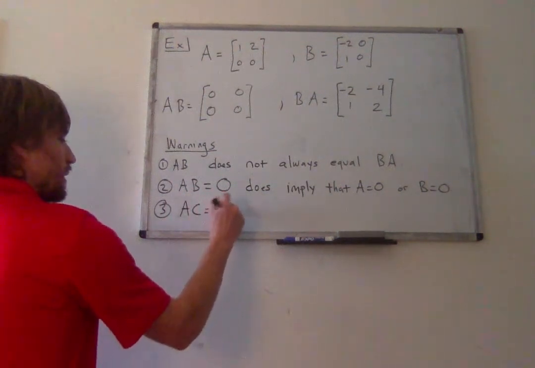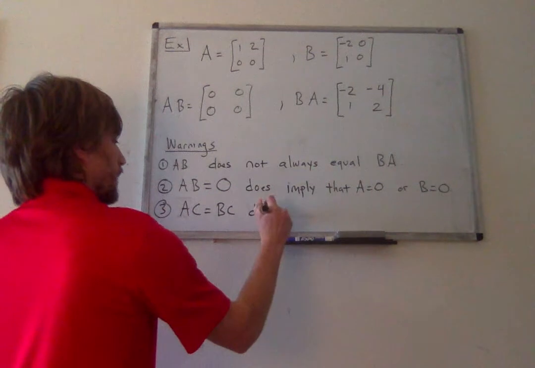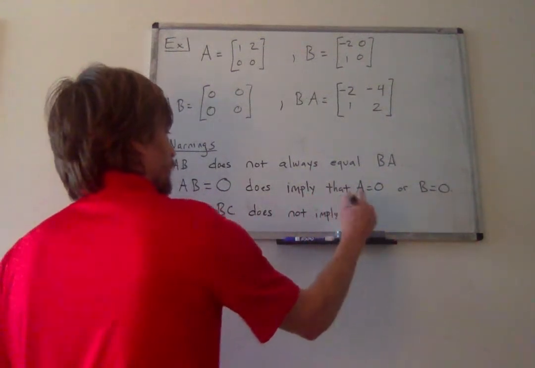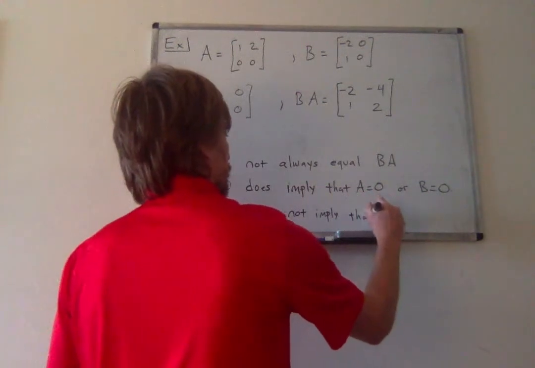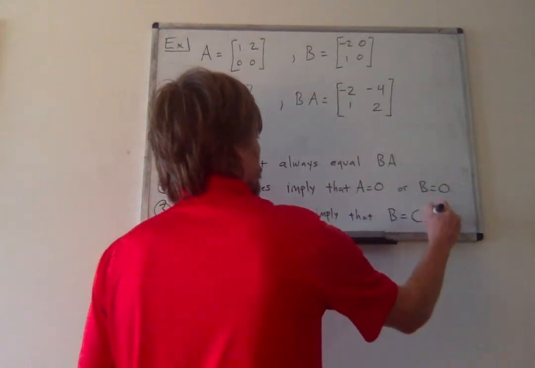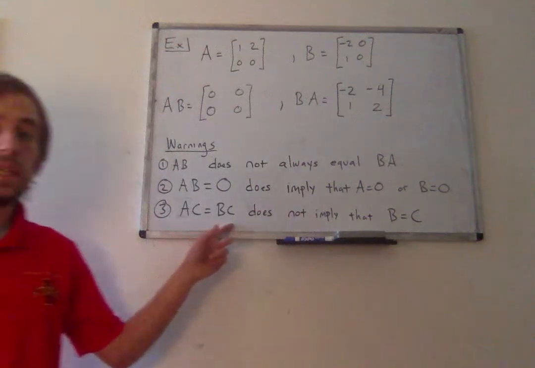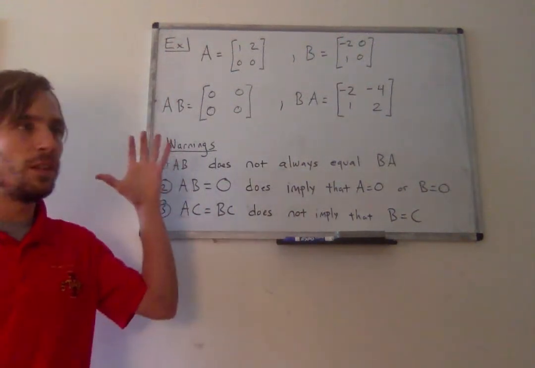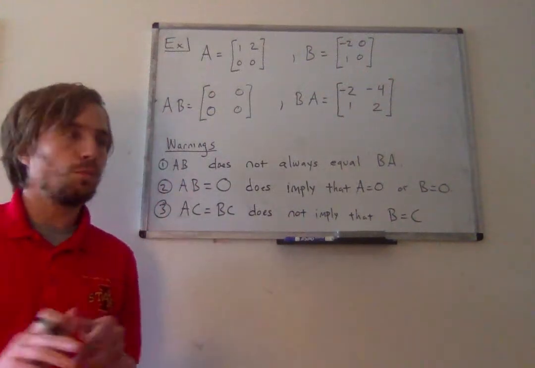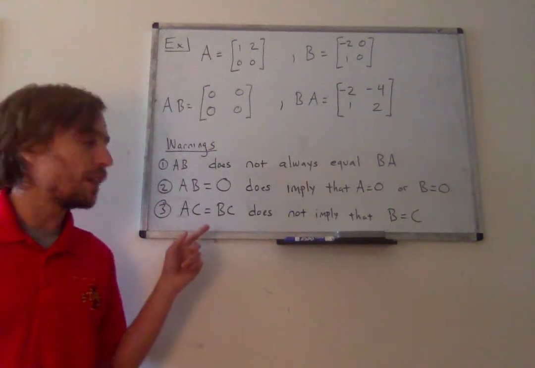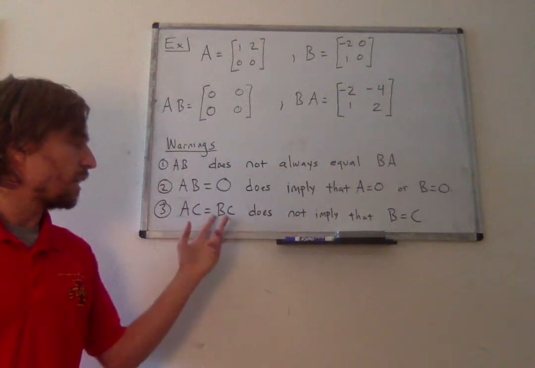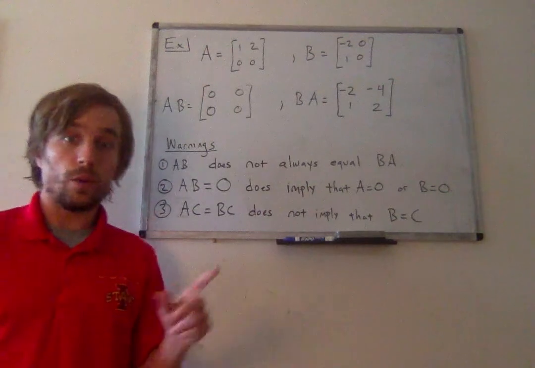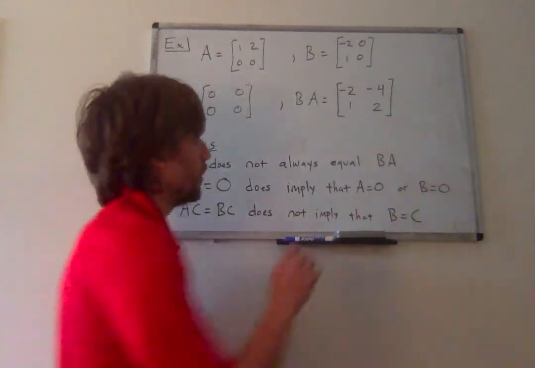AC equals BC doesn't imply that B is equal to C. So this is another really, really big one, because this is something that should just feel true. Like the deepest parts of my soul want this statement to be true, that if AC equals BC, then B has to equal C. But actually, I can give a very quick example here of why that's not true.